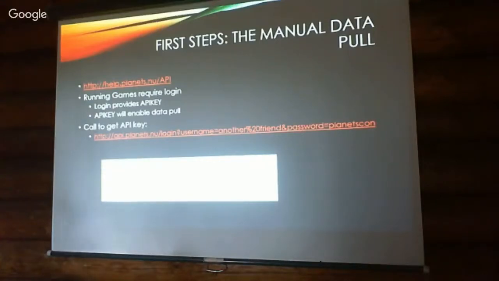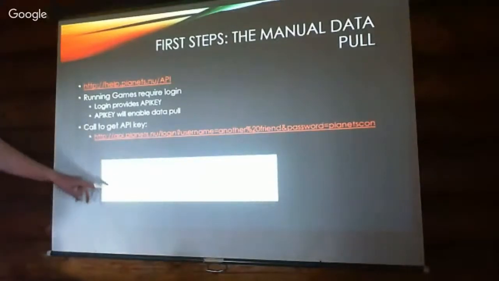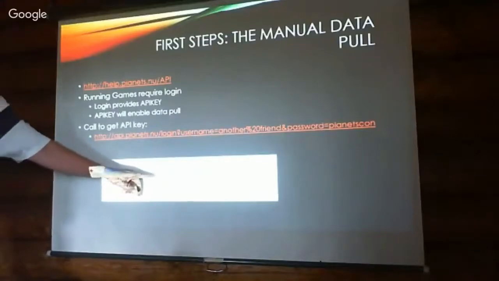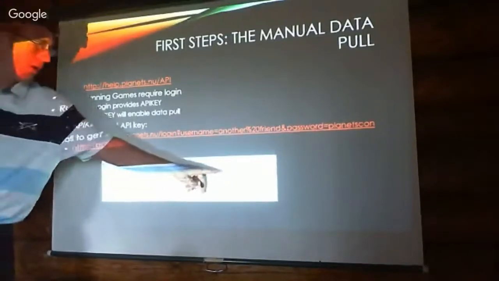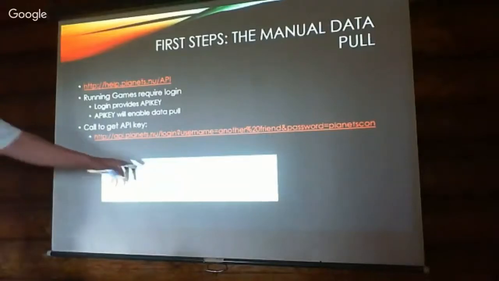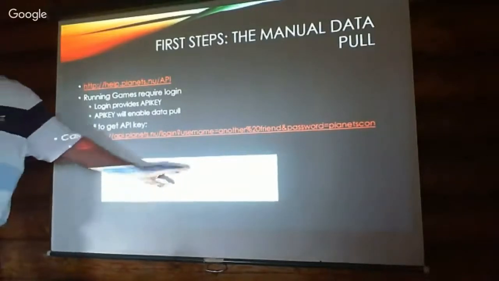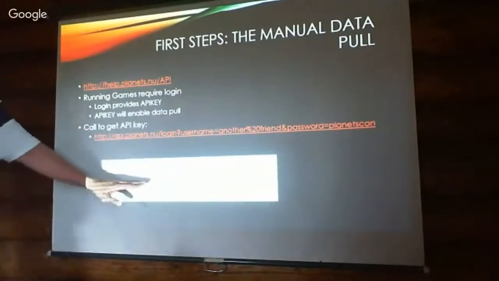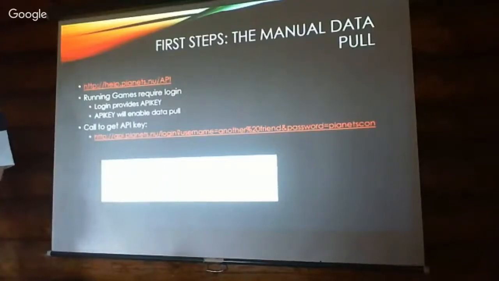It then answers with success or fail if you got something wrong in a parameter, like your password. And then it has an API key, which is this long string of letters and numbers. When you have a running game later that you want to pull data for, you can just use that key. That's your unique identifier. That's how Planets will identify you in your data pulls once you're logged in.